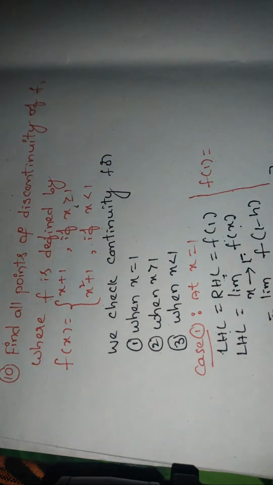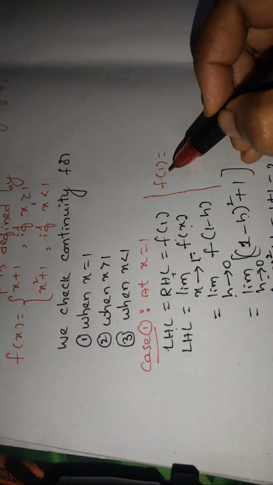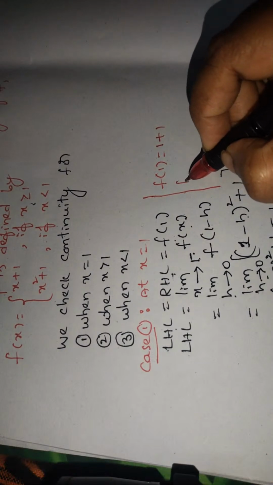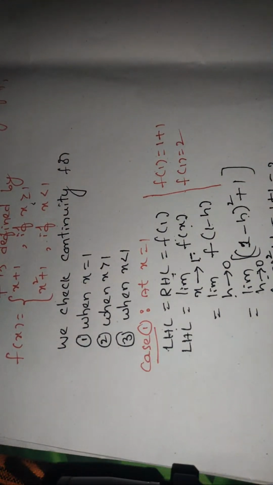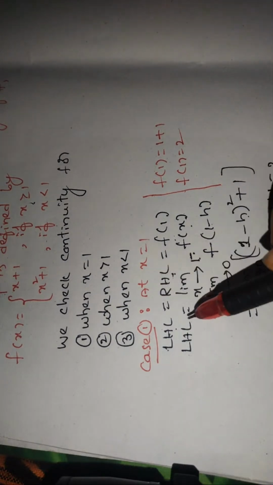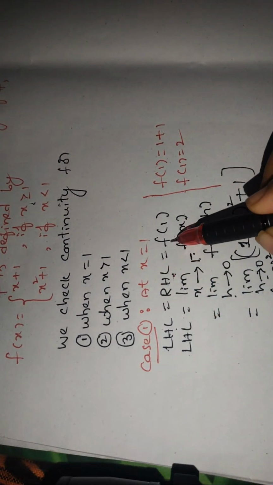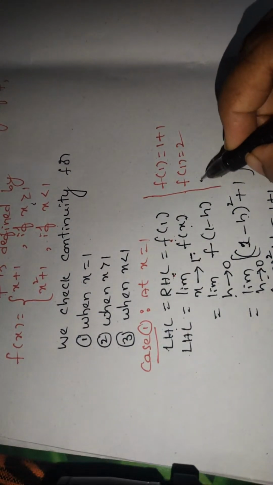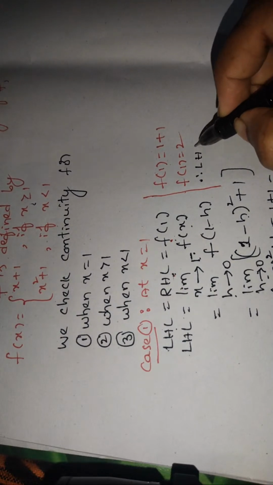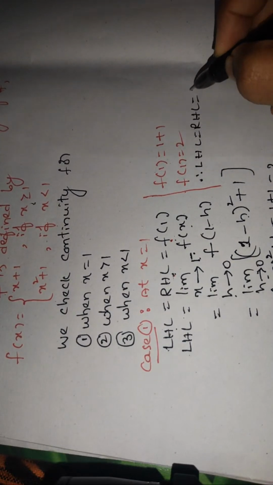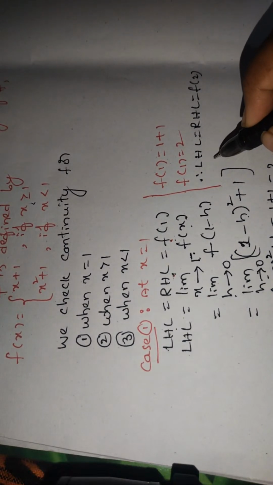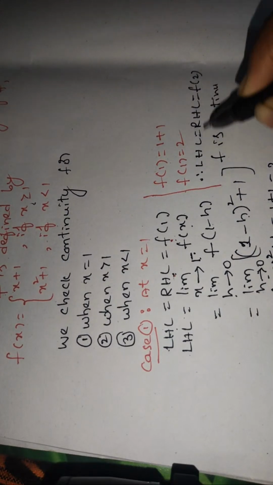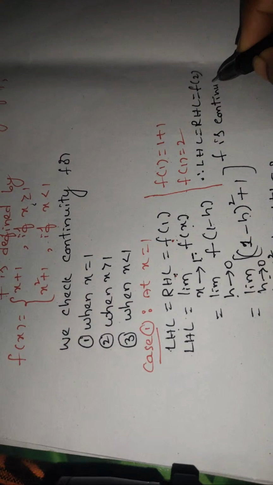In the x place you write 1 plus 1, so f of 1 is 2. Now we got LHL 2, RHL 2, and f of 1 also 2. Therefore LHL equals RHL equals f of 1, so f is continuous, because all are equal.